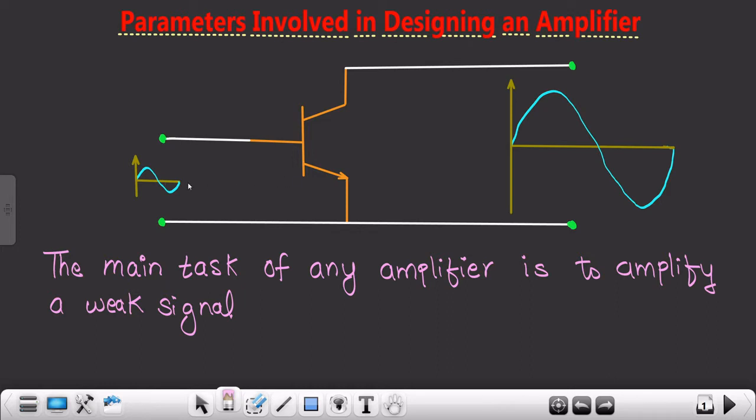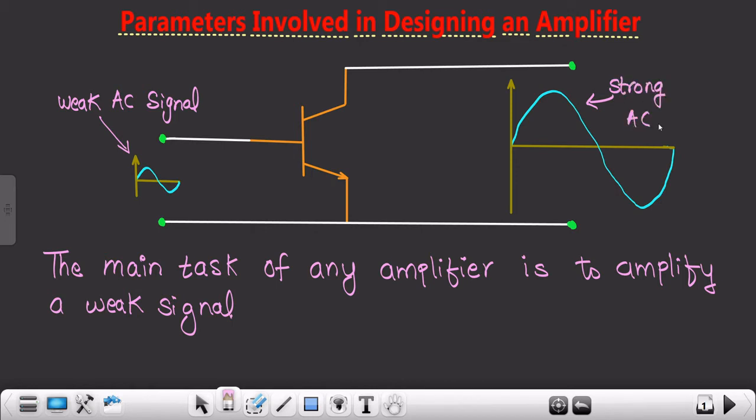Just by looking at this waveform, you can easily conclude that it is getting amplified on the output side. Let me write over here: this is your weak AC signal, and this is your strong AC signal.